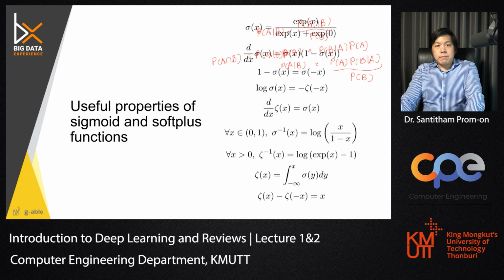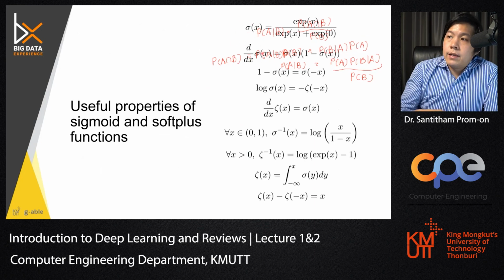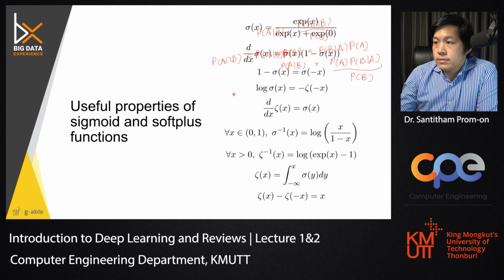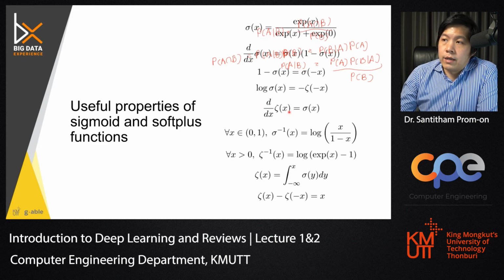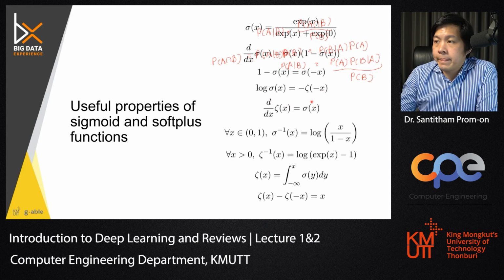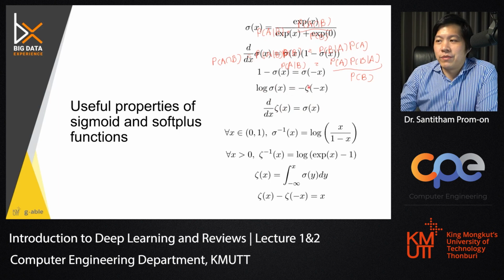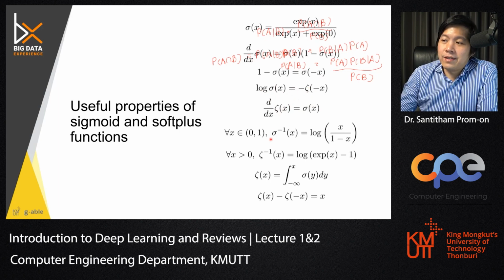Okay, so sigmoid and softplus have a certain relationship. This is the sigmoid function. If we differentiate the sigmoid, we get sigmoid times 1 minus sigmoid, and we will talk about it later on. If we differentiate the softplus, we get the sigmoid. So the function is convertible from one to another. Take the log of sigmoid, and you get the negative softplus on the flip side.